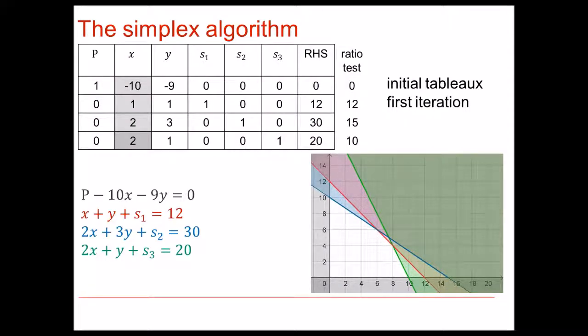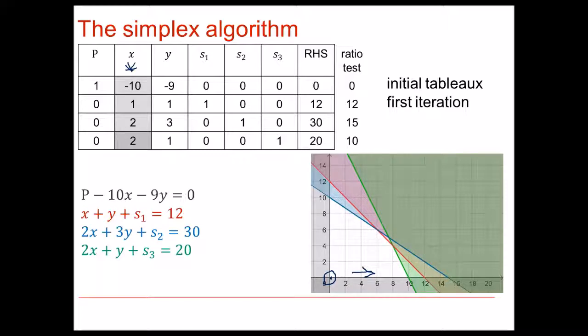Remember that steps 1 and 2 of the simplex method identified the x column as the pivot column, and then the element shaded darker as the pivot element. Choosing to pivot on the x column means we are moving from the origin initially in an increasing x direction.